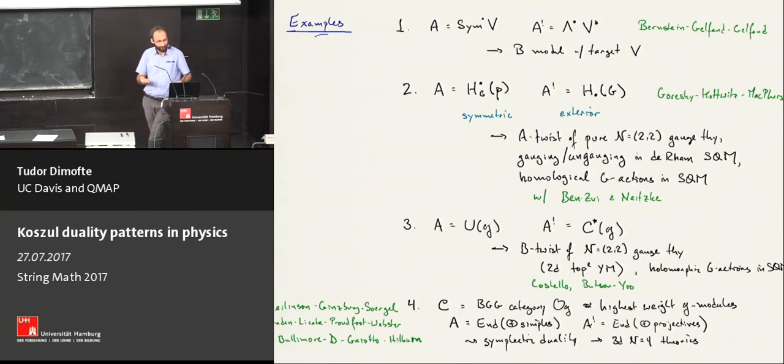And this shows up again in gauging and ungauging in a different kind of two-dimensional theory. The first time I ever learned about Koszul duality was actually in the study of 3D N=4 theories and something called symplectic duality, which is a fancier version of this entire story, but still has to do ultimately with categories of boundary conditions in 2D. So I won't, unfortunately, say anything about that.